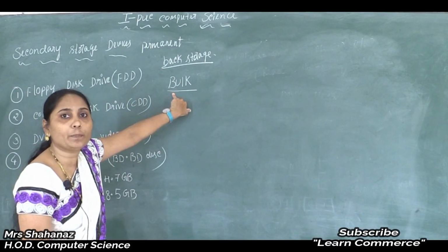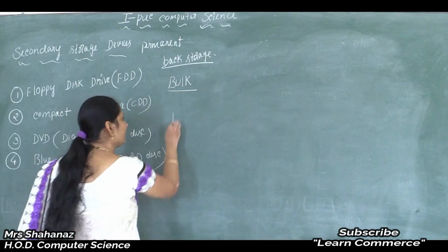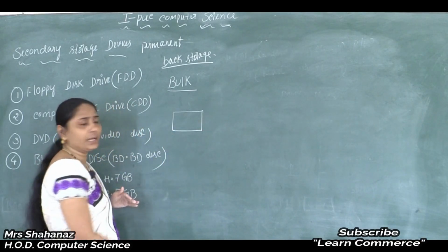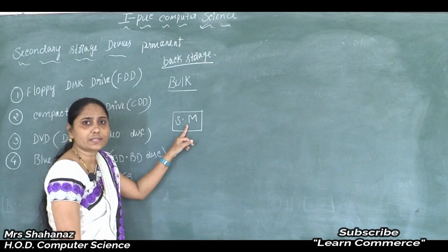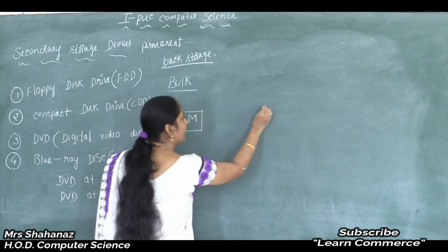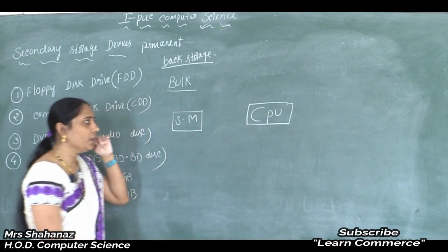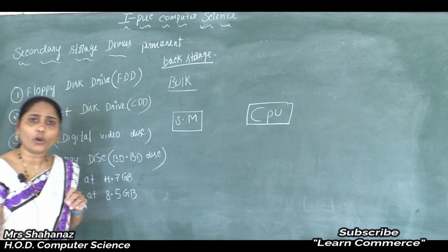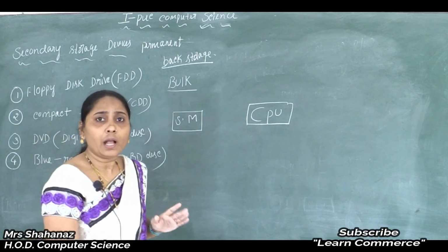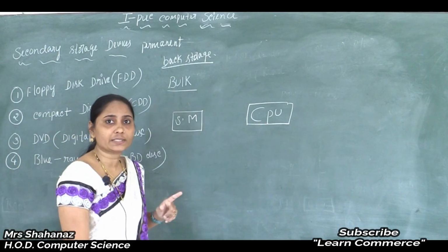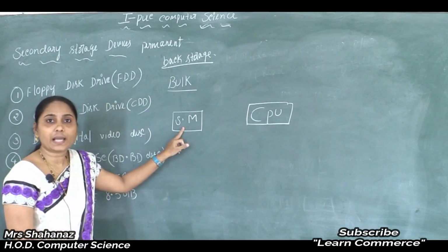Some information is there in our secondary memory, but if you want to process information and get the output, then the CPU does not collect information directly from the secondary memory.